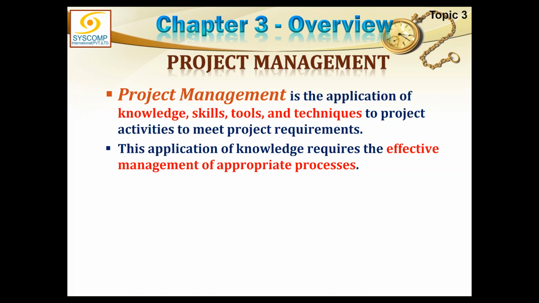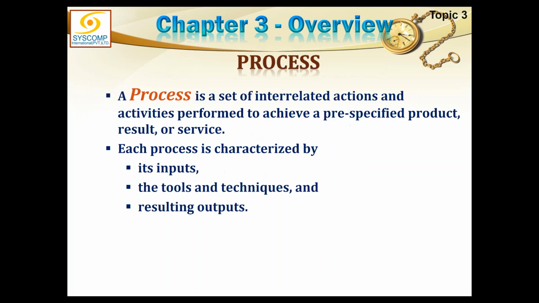Though they are available as guidelines for good practice, they are not all mandatory. It depends upon the project manager and the team to decide which processes they want to apply in their project environment. Before we move ahead, we must first clarify what a process really means.